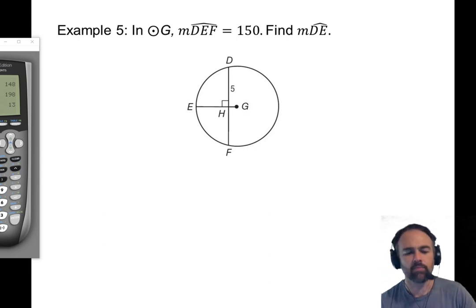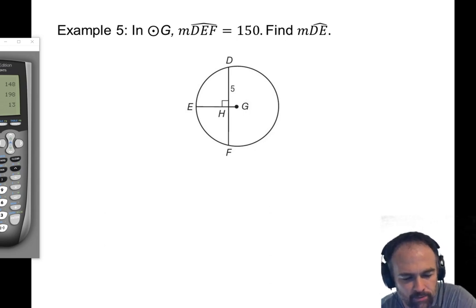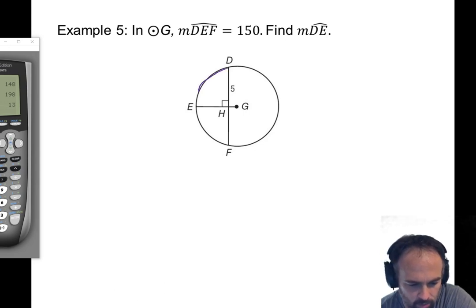Okay, circle G, measure of arc DEF equals 150 degrees. So this whole arc is 150 degrees. Find the measure of arc DE. Well, here I've got EG. EG is a radius and it is perpendicular.